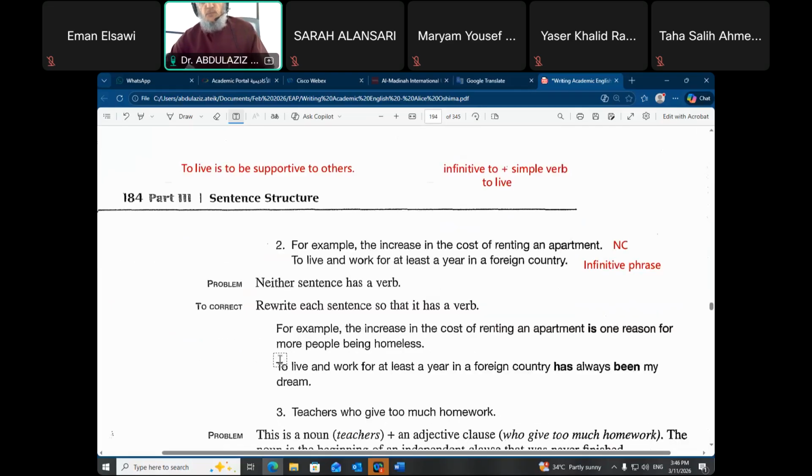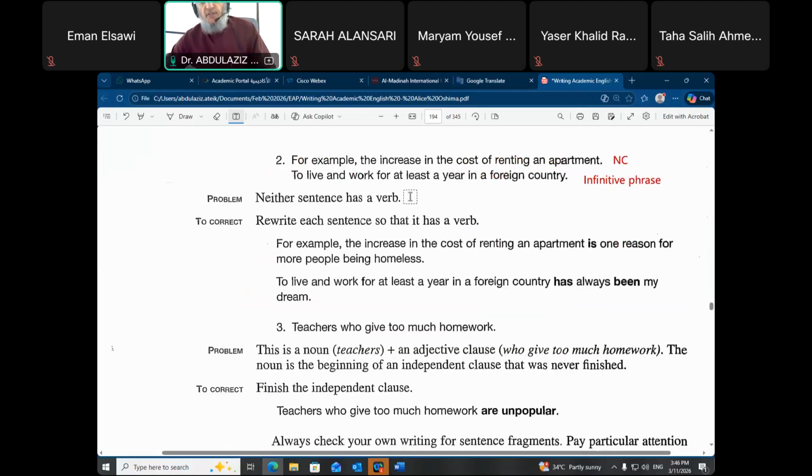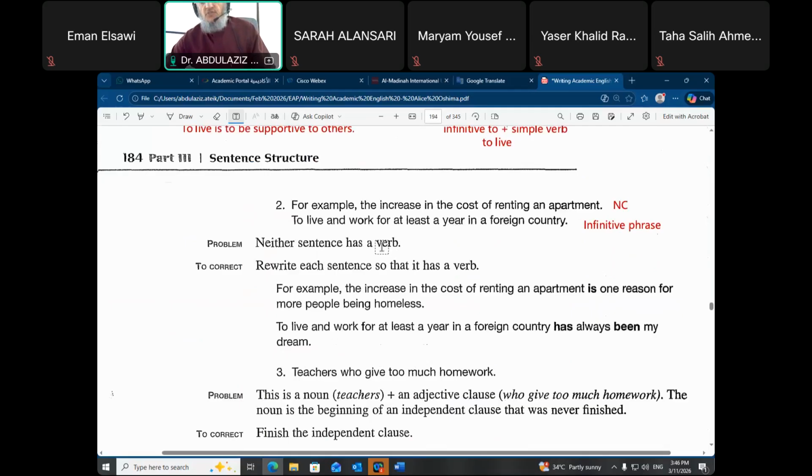Okay, so both don't have a full verb. If you want to correct them, it's very simple: add. For example, the increase in the cost of renting an apartment is one reason for more people being homeless.